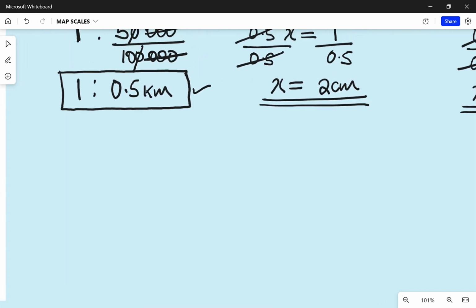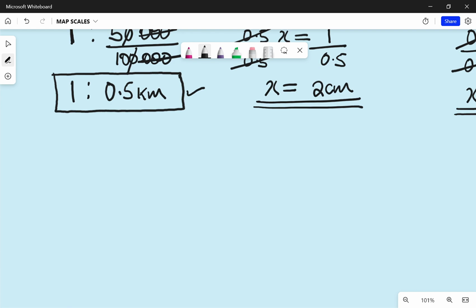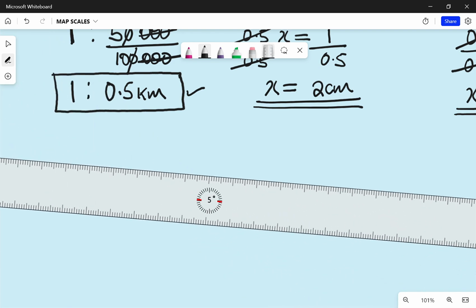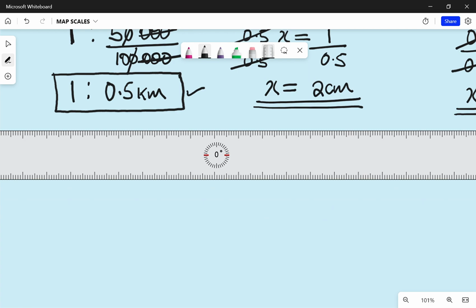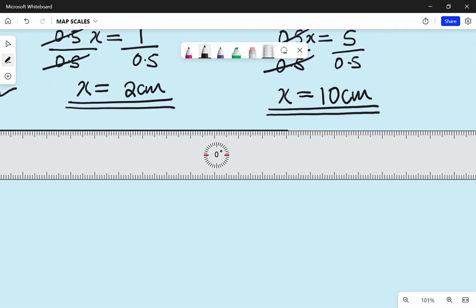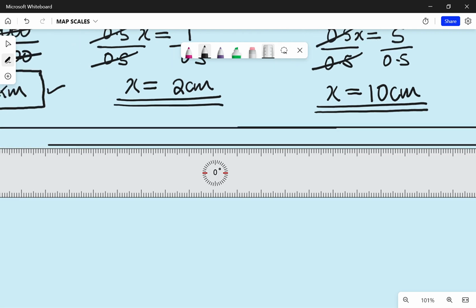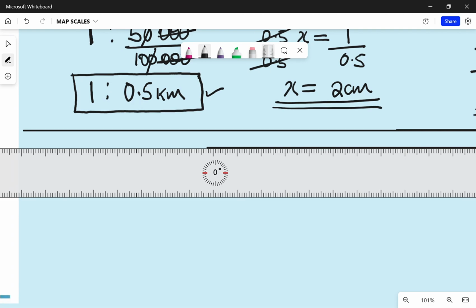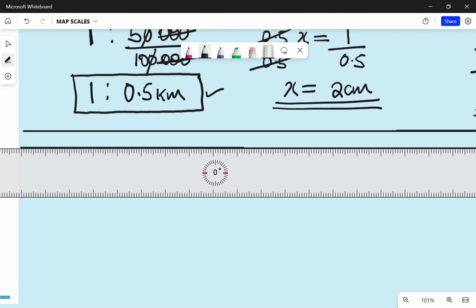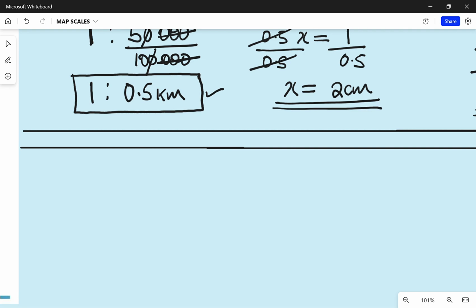Let me just bring in this ruler so that we strike a demarcation. All right, let's now look at question 6.